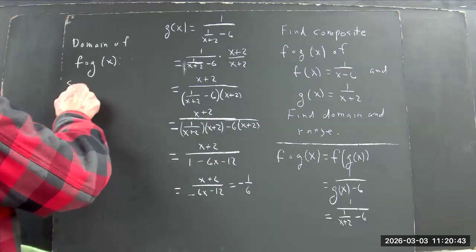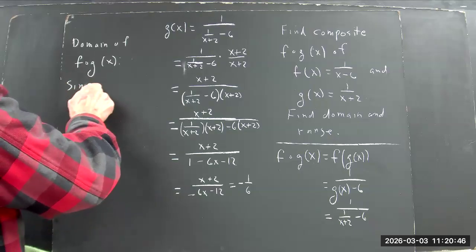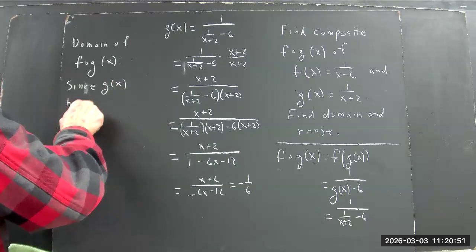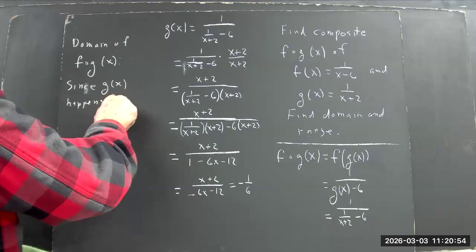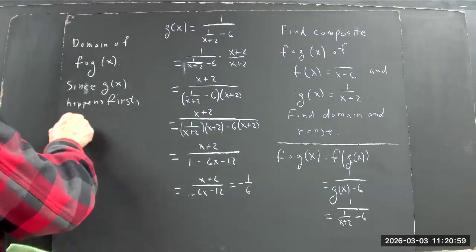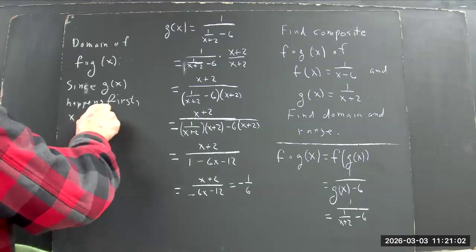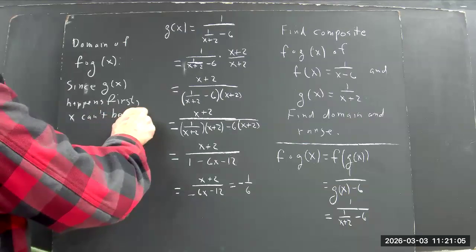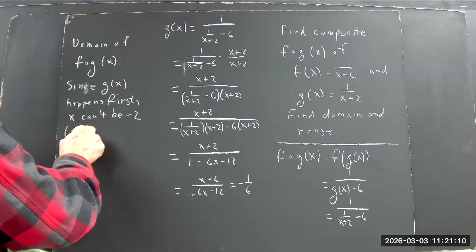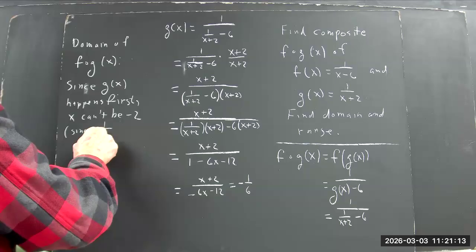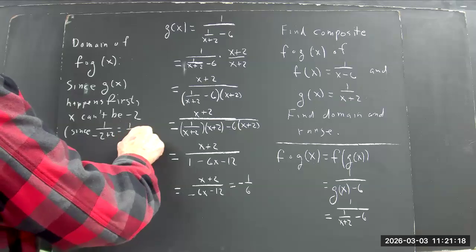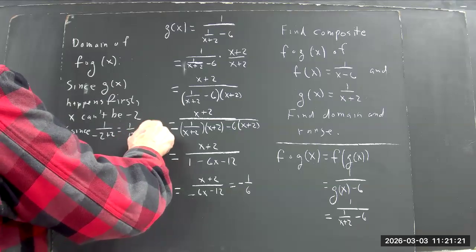So I'll say since g of x happens first, x can't be negative 2, since 1 over negative 2 plus 2 equals 1 over 0, which does not exist.